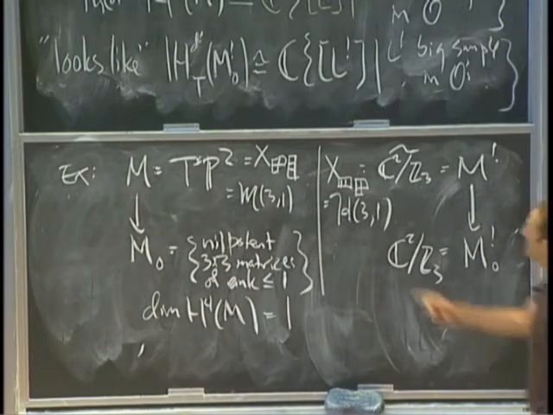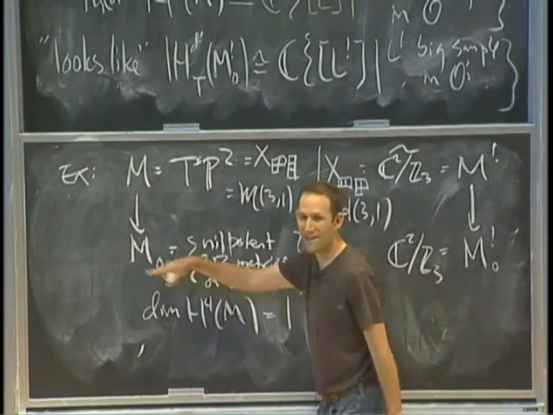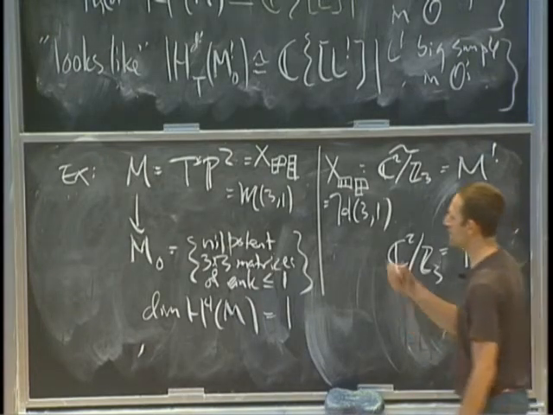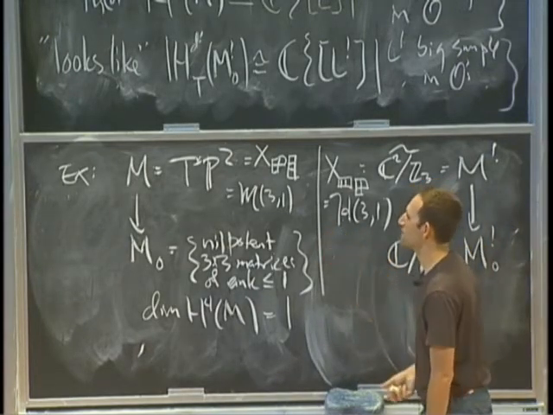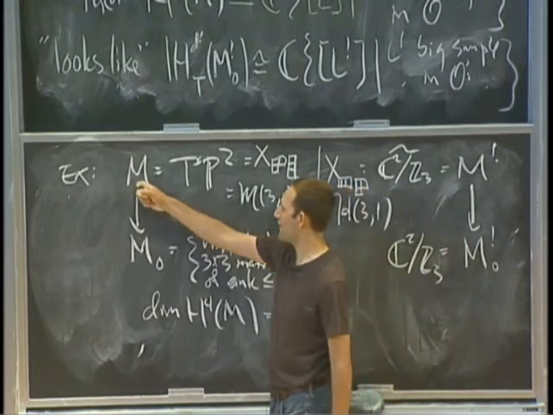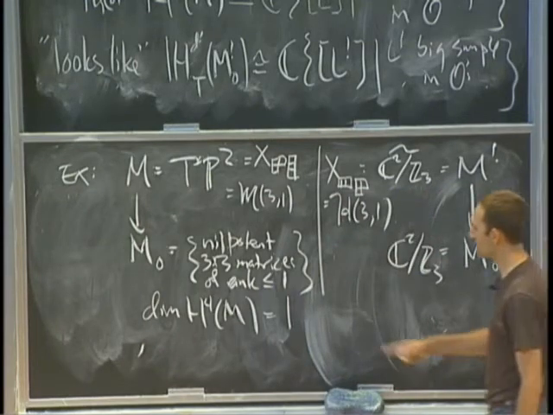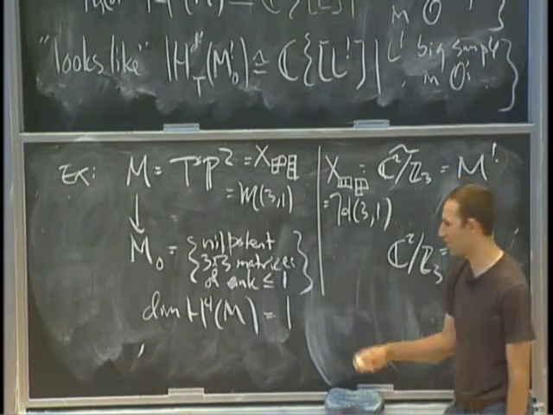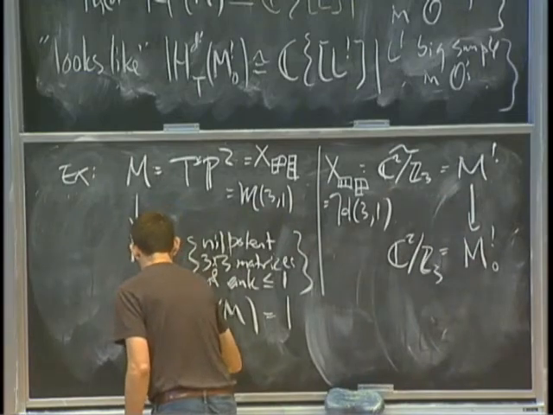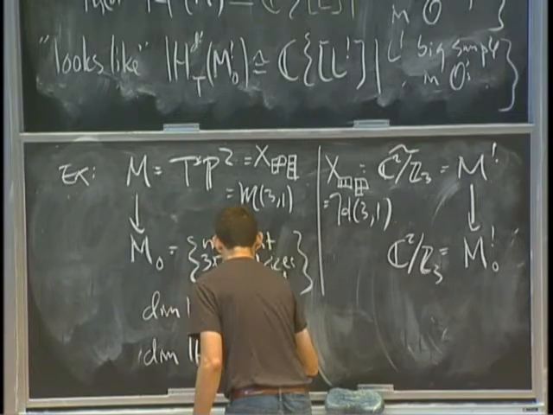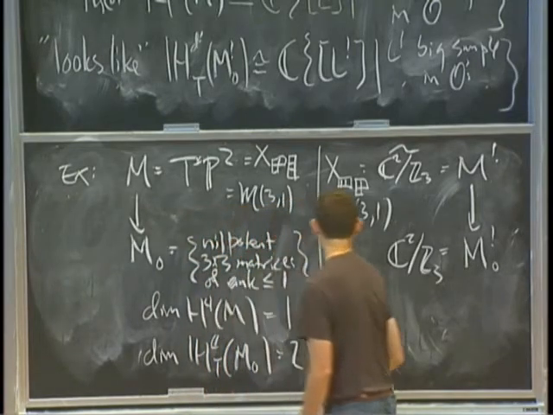The intersection cohomology of the singular guy, well, remember my group had two summands. So the Grothendieck group of O was some vector space that was filtered with associated graded the cohomology of M. So my entire Grothendieck group is three-dimensional. And there are two summands, and here's one of the summands, and there's one more, so it's two-dimensional. So the dimension of IH4T of M0 turns out to be two-dimensional.